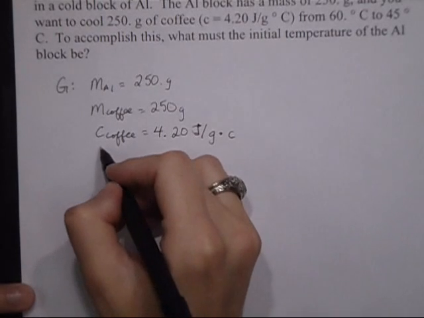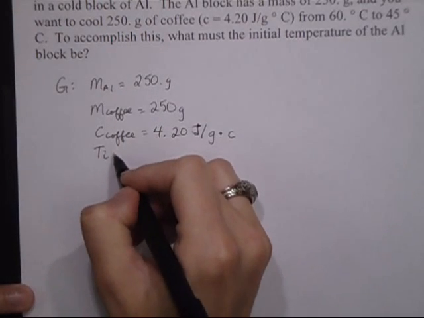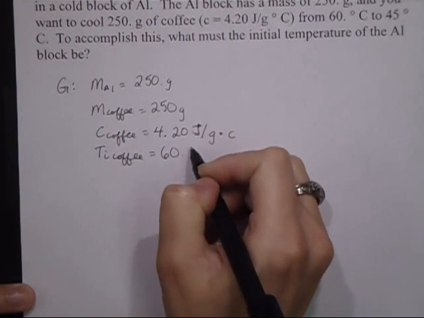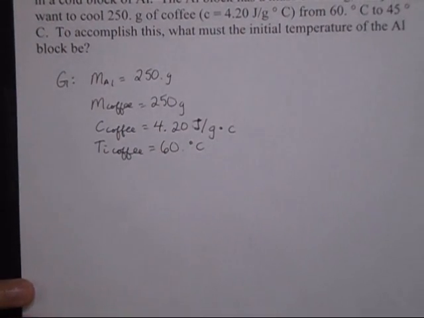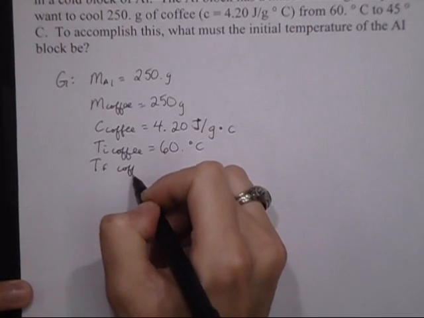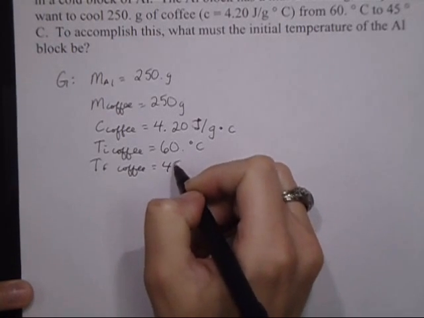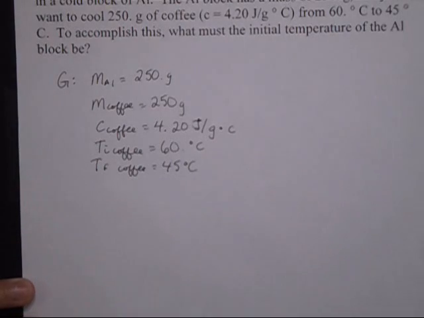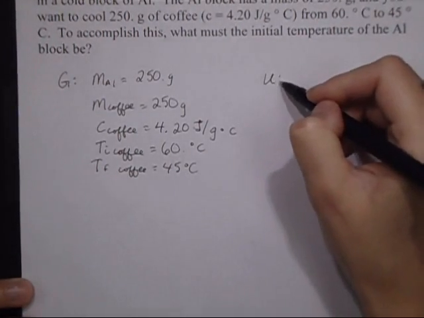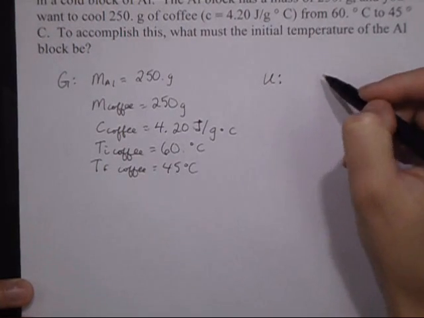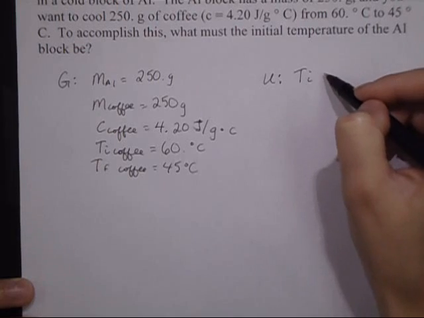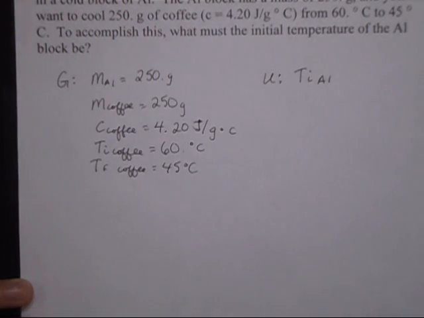From 60 degrees, so T initial coffee equals 60 degrees C, to 45 degrees C. Alright, to accomplish this, what must be the initial temperature of the aluminum block? So we're looking for Ti aluminum here.